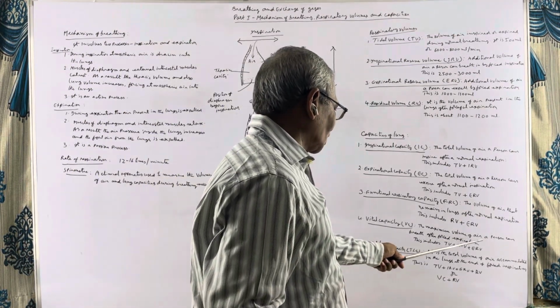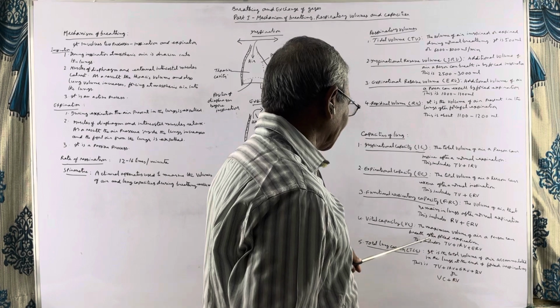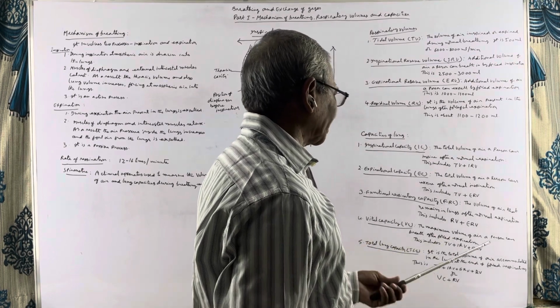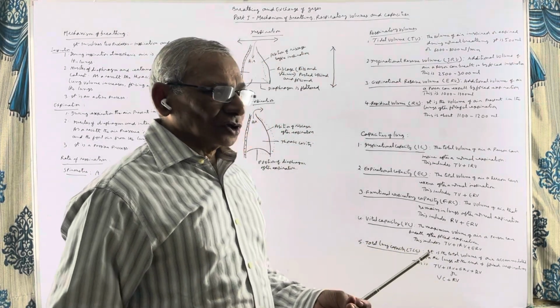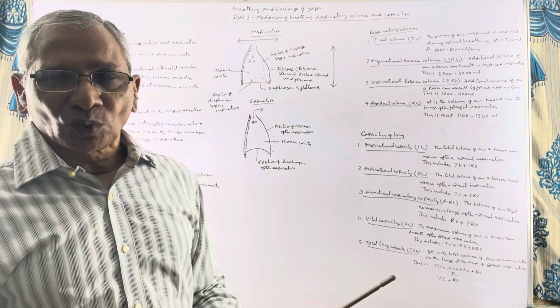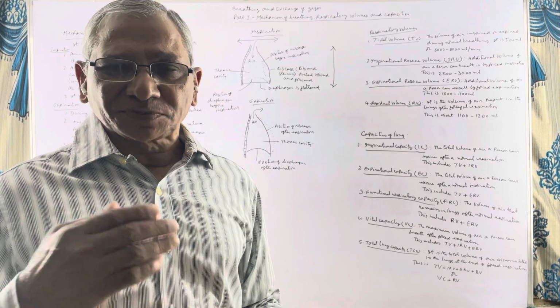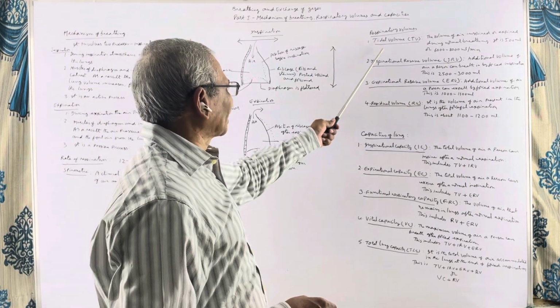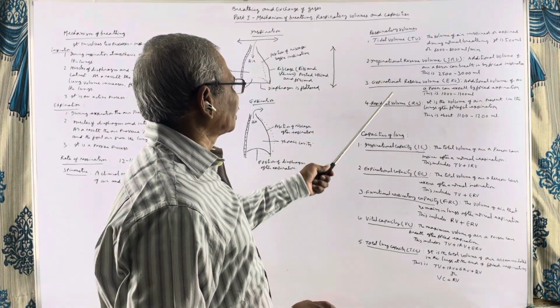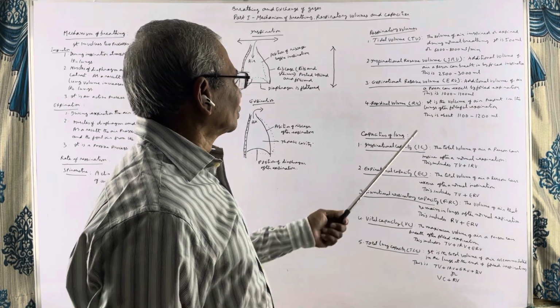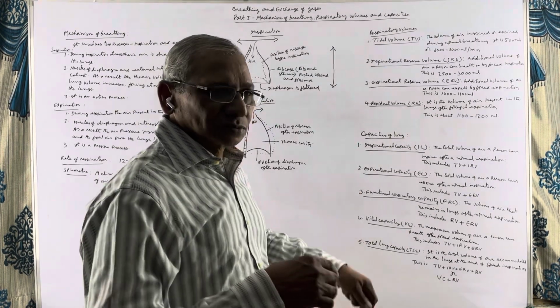Vital capacity. The maximum volume of air a person can breathe after forced expiration. So it is about the air one can breathe in after forced expiration. Forced expiration means these two, tidal volume and inspirational reserve volume, that we expel.